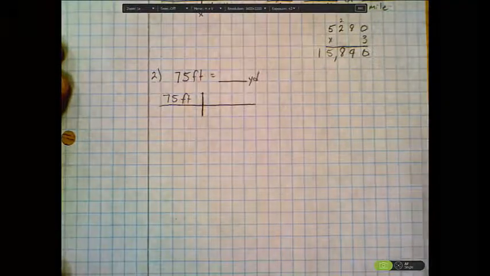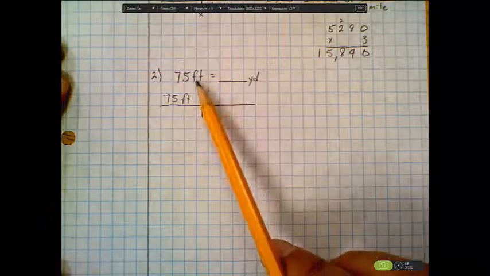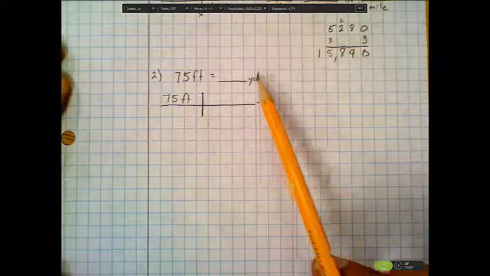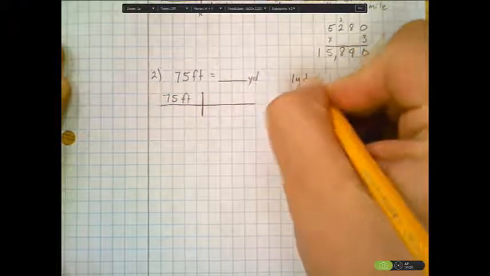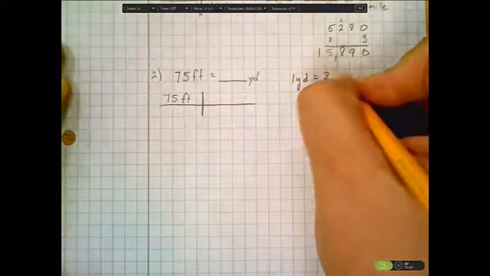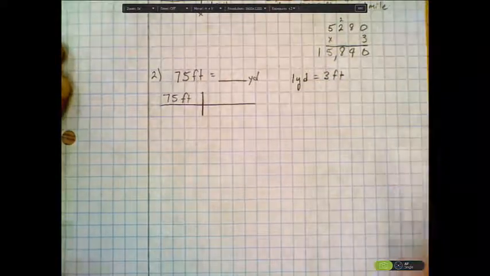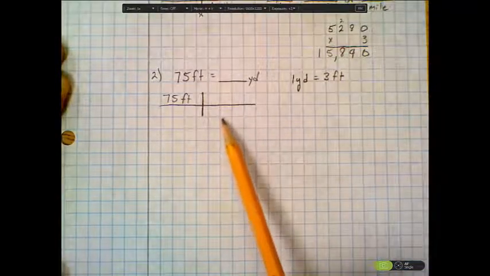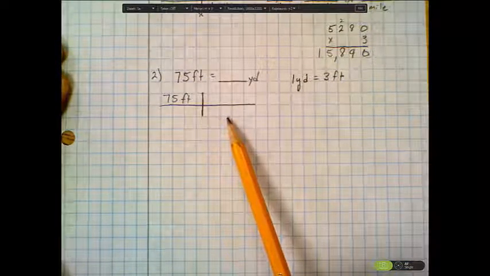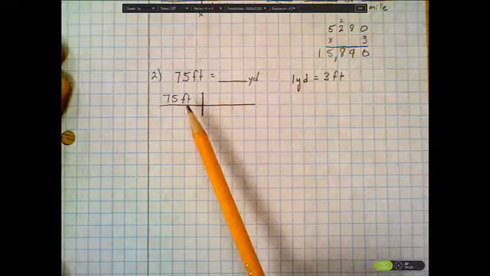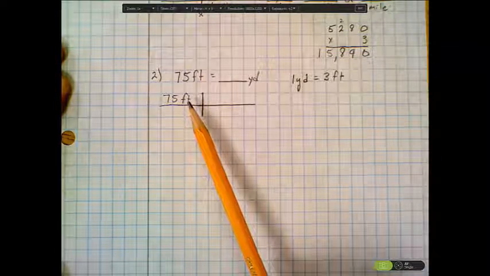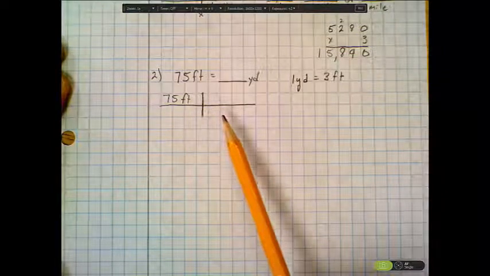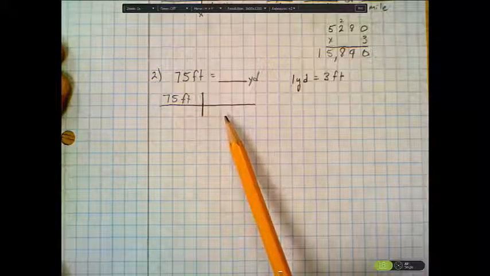The next thing that we do is we're going to find our conversion factor that compares feet to yards. Well, we know that 1 yard is equal to 3 feet. But we know we have to write it as a fraction. And you'll remember that I told you that whatever unit we have on the top of the first section needs to go on the bottom of the second section.